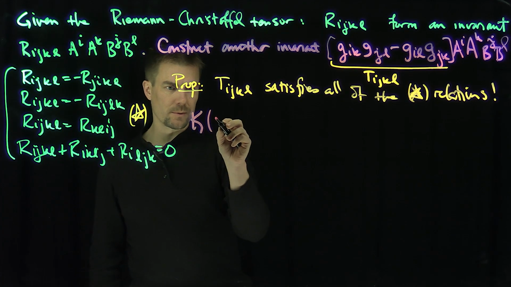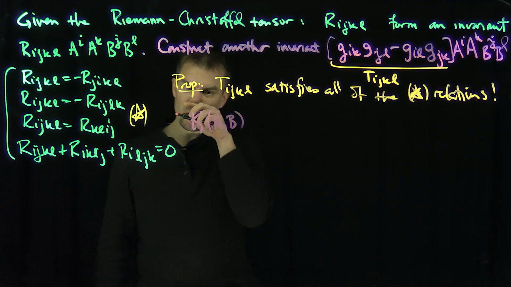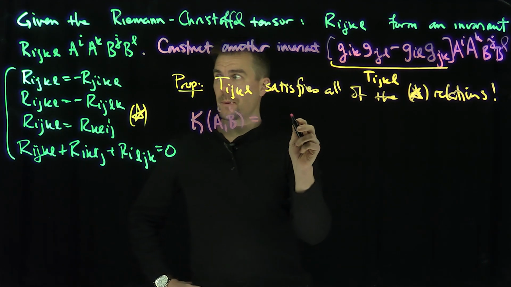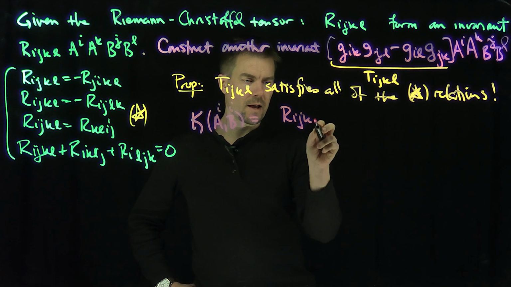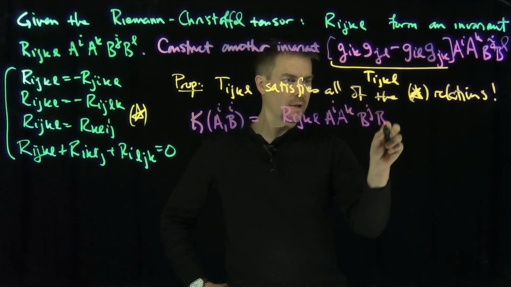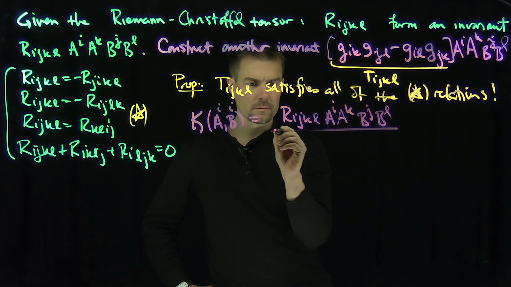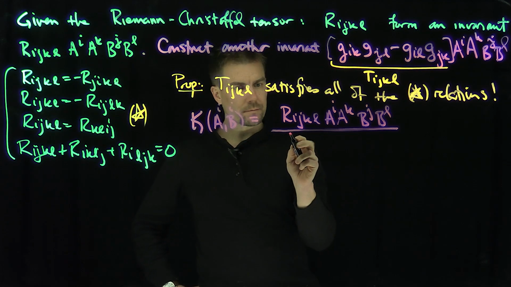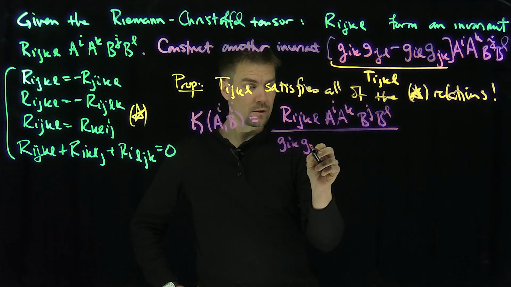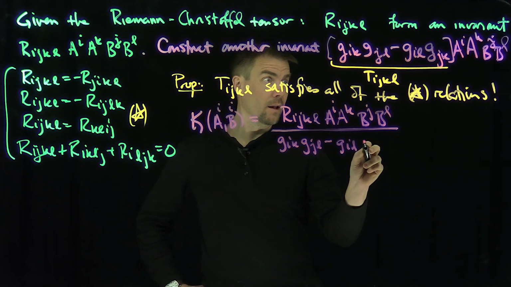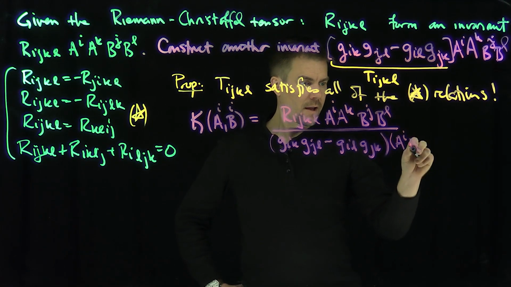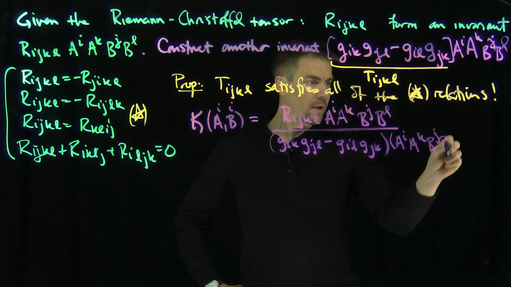These vectors A and B, I'm just going to write them symbolically, contravariant A^i, B^i. K is going to be my Riemann tensor R_ijkl A^i A^k B^j B^l over G_ik G_jl minus G_il G_jk applied to the same thing, A^k B^j B^l.